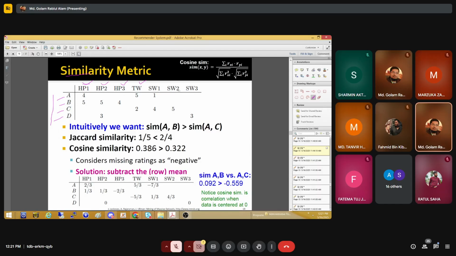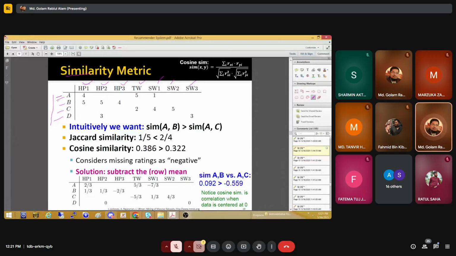It is Star Wars 1, Star Wars 2, and Star Wars 3. Okay, so those are the movies. That is Harry Potter 1, 2, 3, and Twilight, and that is Star Wars 1, Star Wars 2, and 3. So those are the movies.